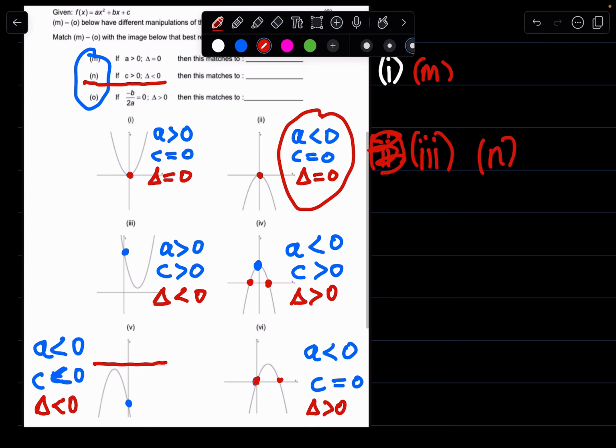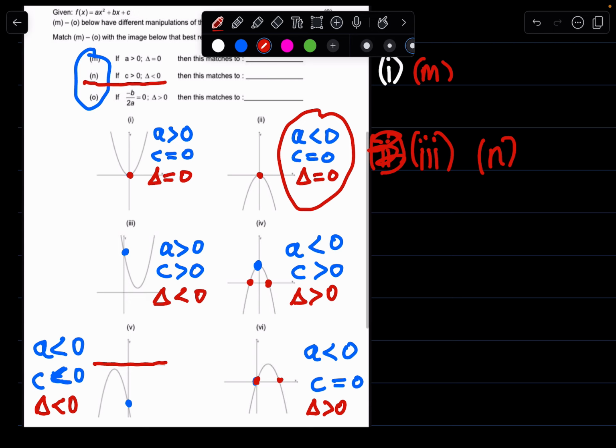The fourth graph, we have A less than 0, which can go with the first one. C bigger than 0, which can go with the second one. But the delta is also bigger than 0. So that matches no options.